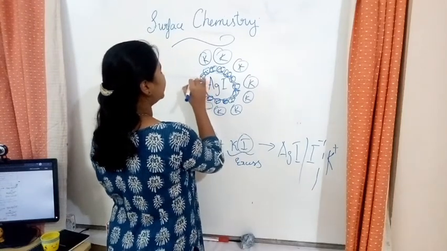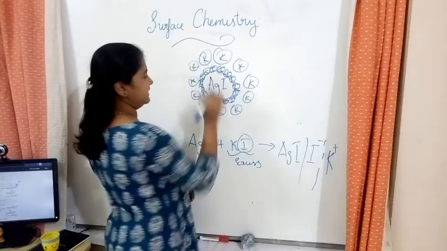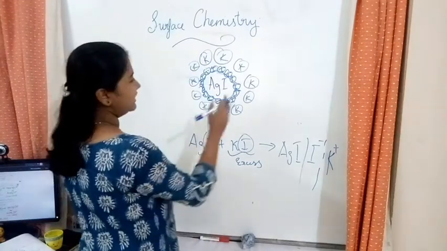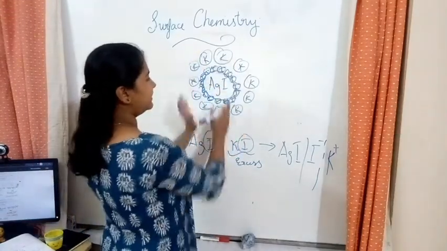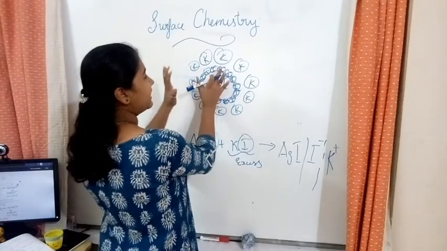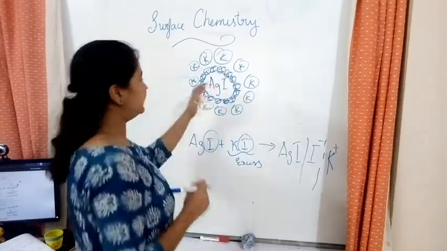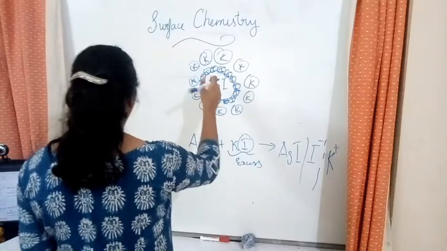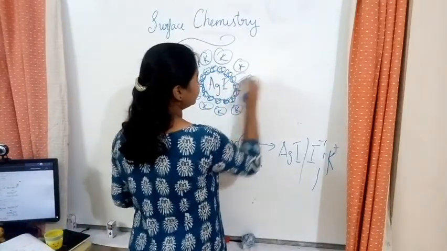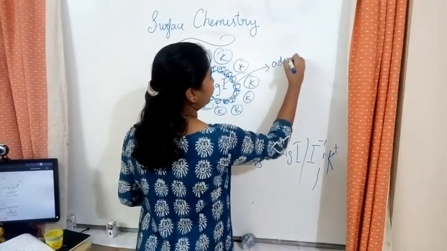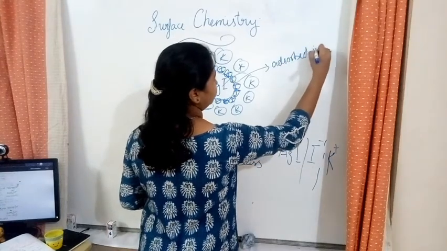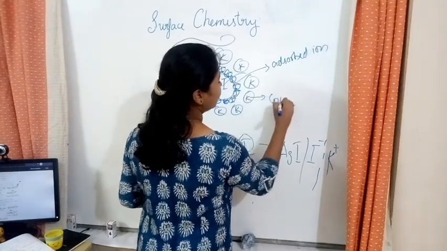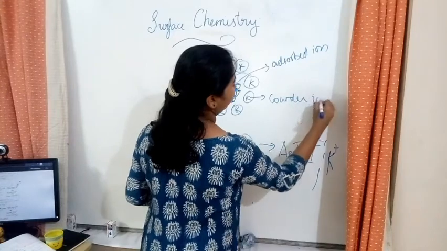The K plus will not go anywhere. It is there in the vicinity itself. And this is the layer that is bound; there is a bond between AgI and I minus. So this is the adsorbed ion, and this is the counter ion.